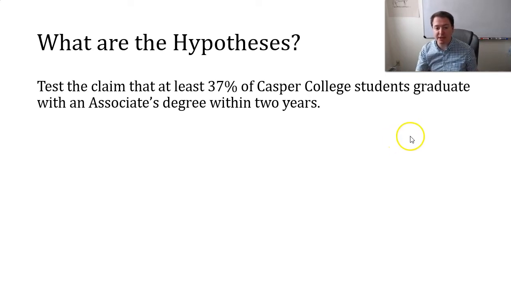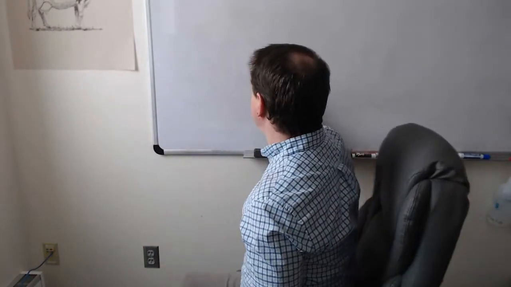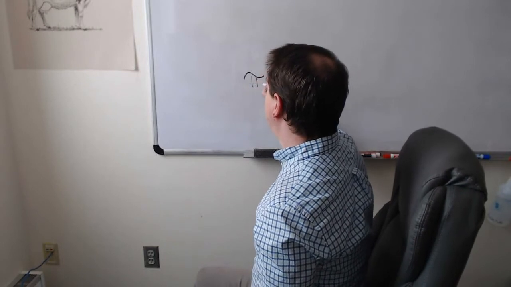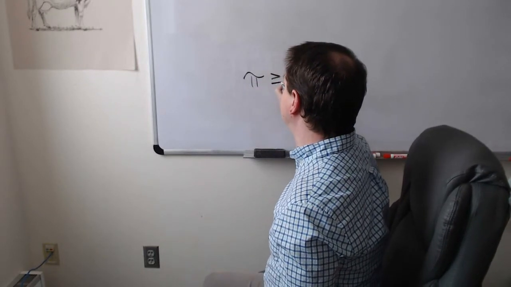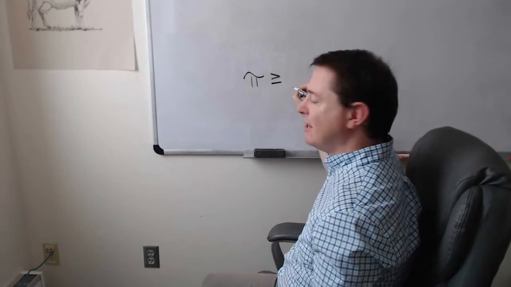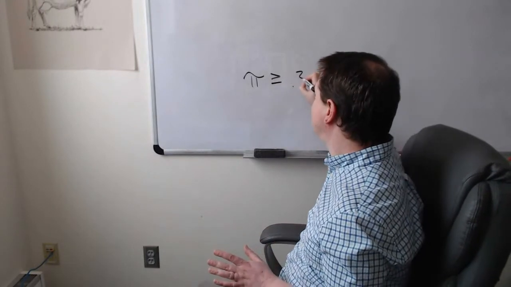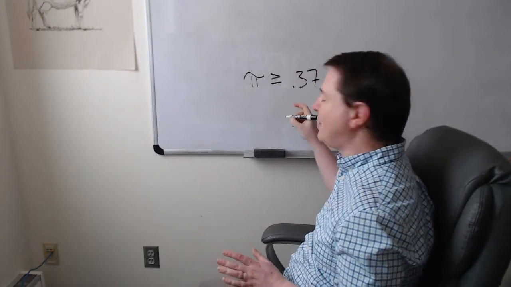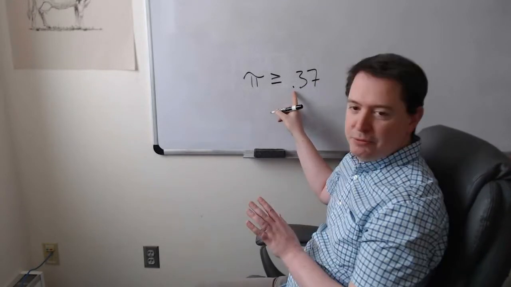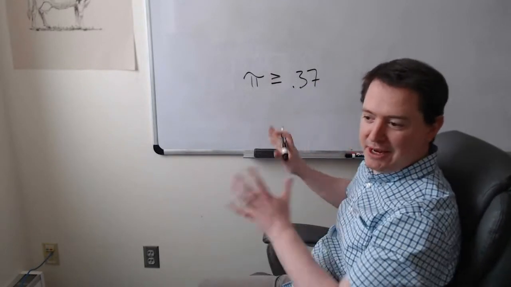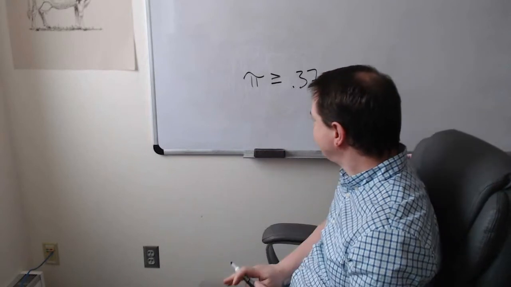And specifically that this proportion is at least 37%. So let me write that down real quick. So the proportion, pi, is at least 37%. And I'm just going to write that as a decimal because moving forward, software is going to want us to just write it as a decimal. So I'm just getting us ready for that.